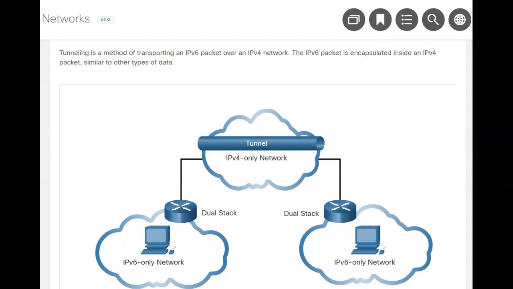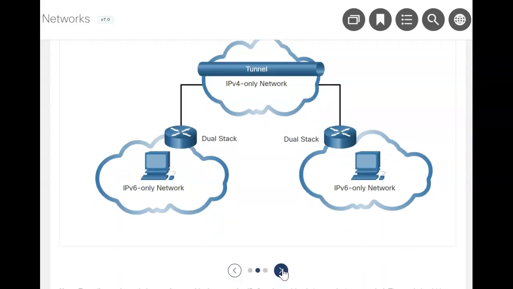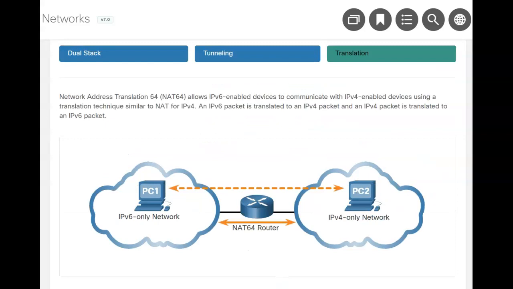And then the last one that we can go through is translation. Similar to network address translation, but this is Network Address Translation 64, or NAT64, which allows IPv6 enabled devices to communicate with IPv4 devices by using a translation similar to NAT that we use for IPv4, where an IPv6 packet is translated to an IPv4 packet and then translated back to IPv6.